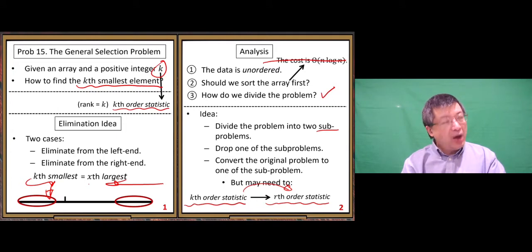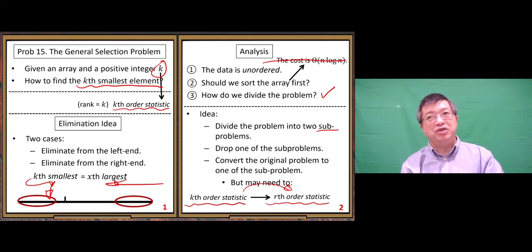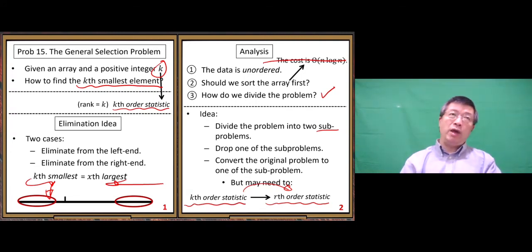If we want to know its x largest, what's that number? We can also view it that way.